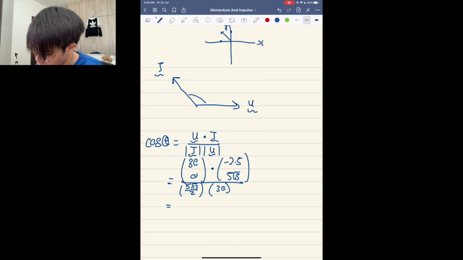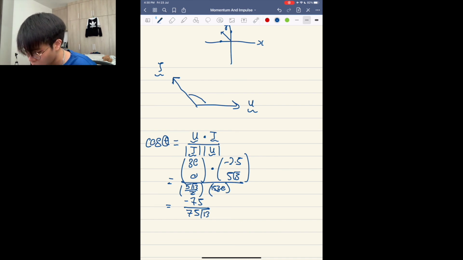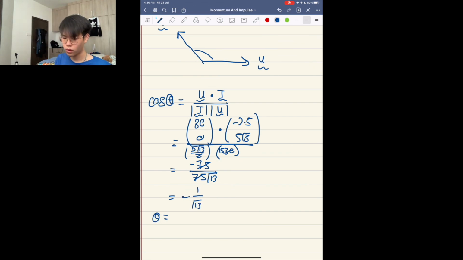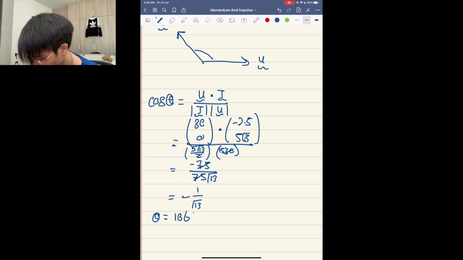So 30 times 2.5 is minus 75, divided by 15 square root 13 times 30, 75 square root 13. If you eliminate 75, the angle is 106 in 3 significant figures.